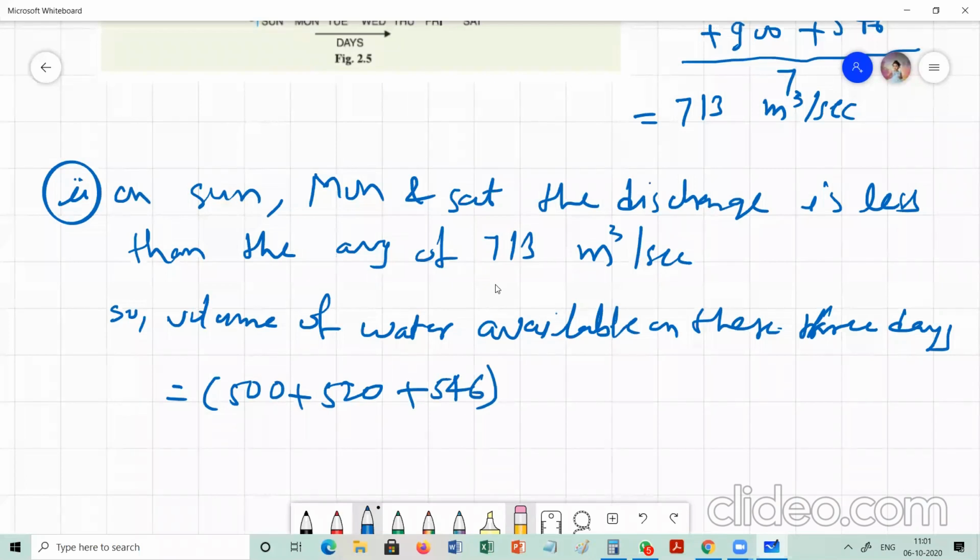This is the total discharge in meter cube per second, and it is required for the full day, which is 24 hours.